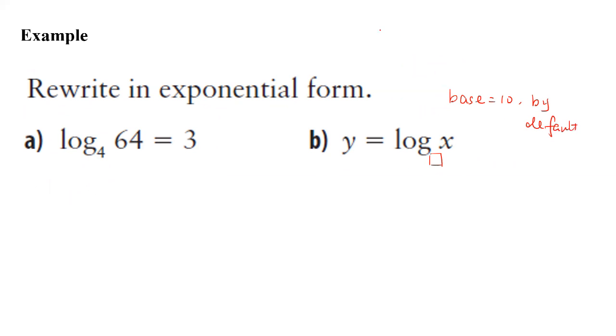Right? So this log x is actually log base 10 of x. All right, so I'll give you 5 minutes to think about these questions, considering using the definition of logarithms.